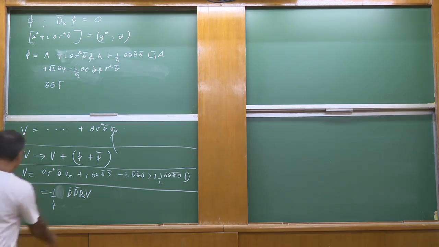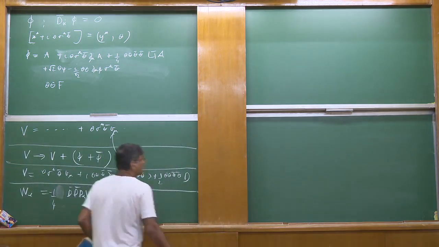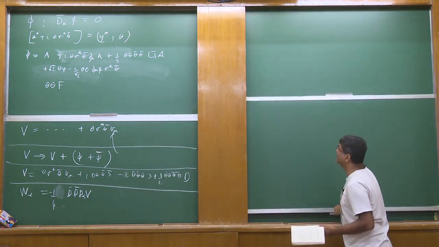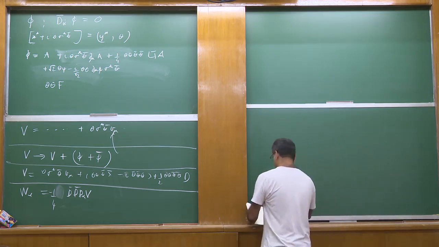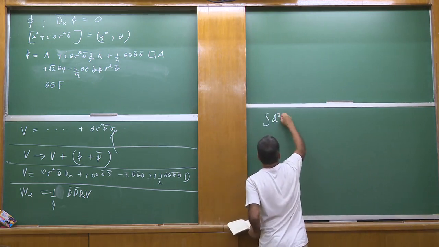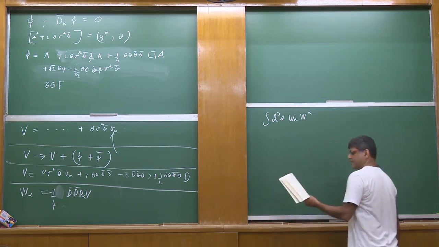Okay, so we have a chiral superfield, and we talked about how the Lagrangian for the U(1) gauge boson took the form integral d2 theta W alpha W alpha.